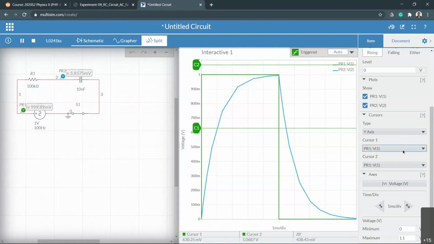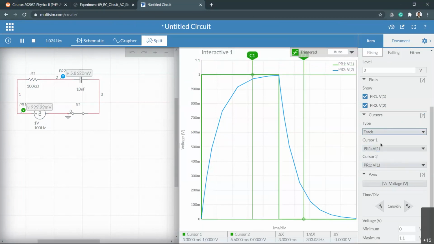If you want to read it precisely, then I can change the cursor type. Let's take a look whether I can do it together. I can't do it together. I can have the cursor either on the x-axis or y-axis. Okay, let's put it into x-axis. Cursor number 1.